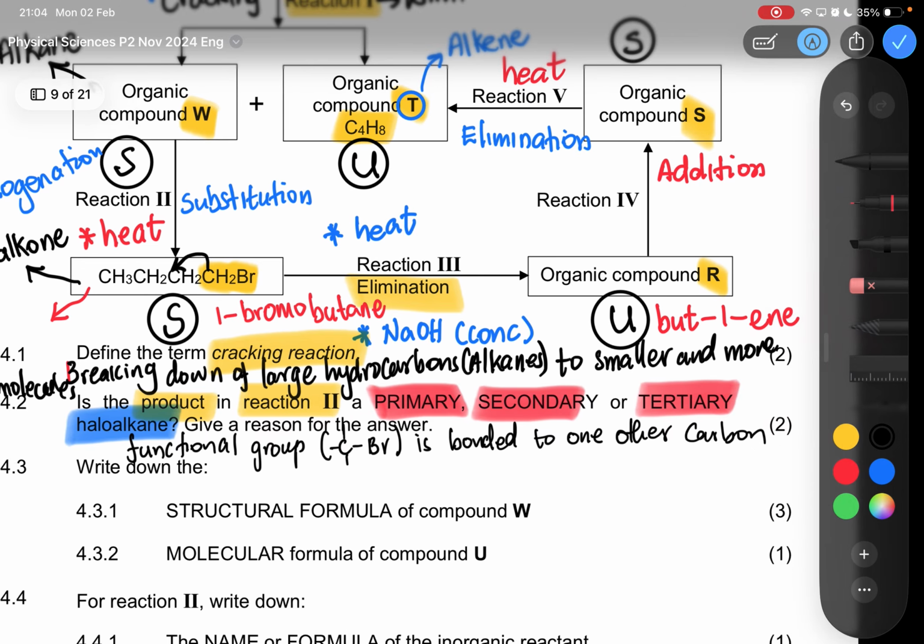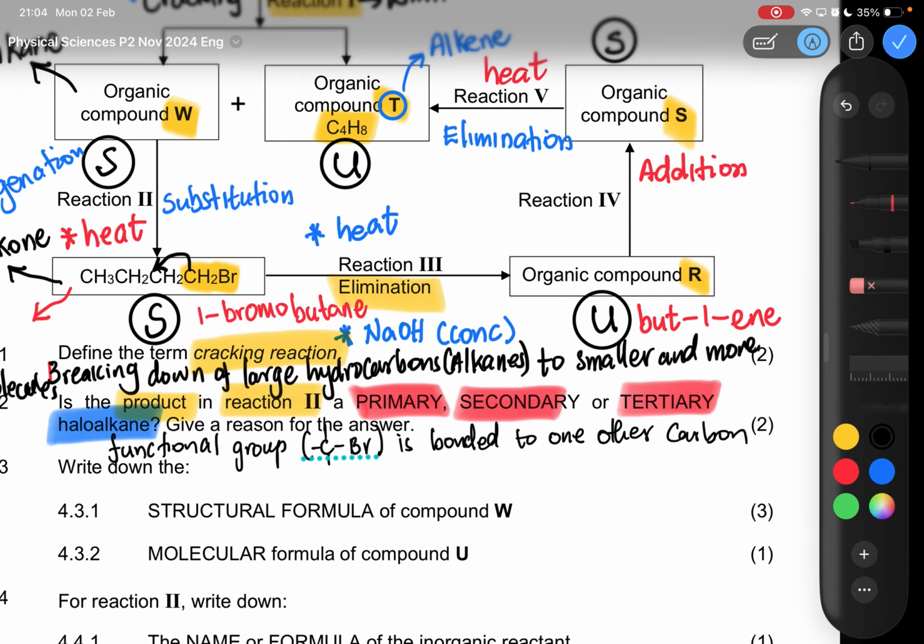Or you can say the carbon that is bonded to the bromine is bonded to one other carbon.